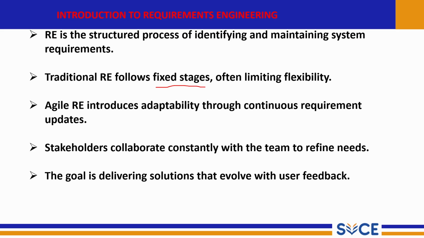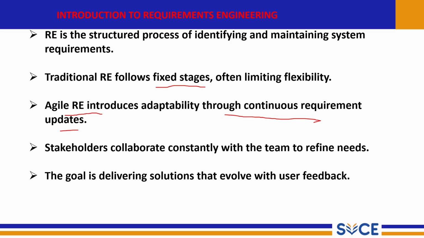But Agile requirement engineering introduces adaptability through continuous requirement updates. So if the customer needs different specifications or features, the requirements will keep on being updated and changed. Stakeholders collaborate constantly with the team to refine the needs.